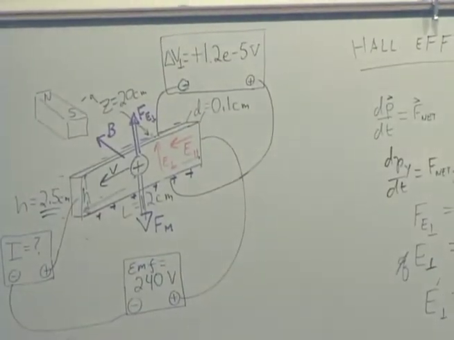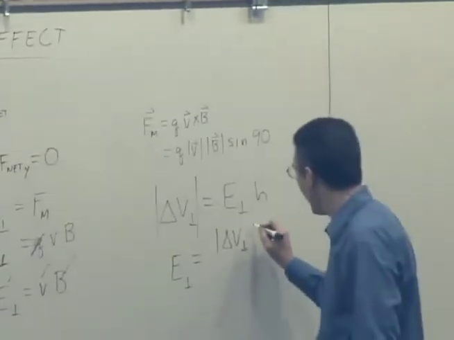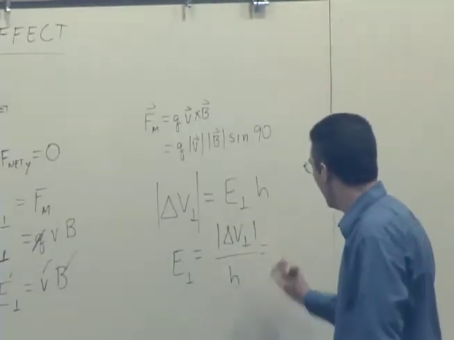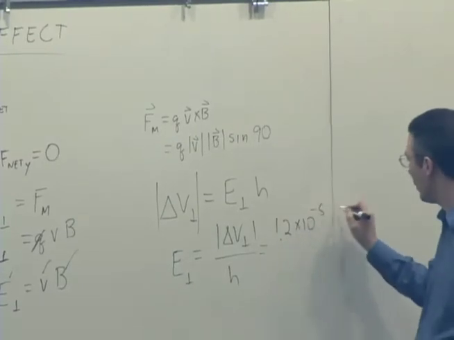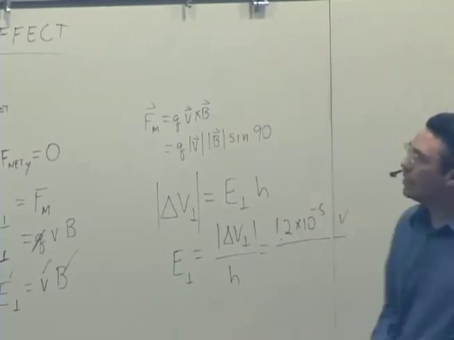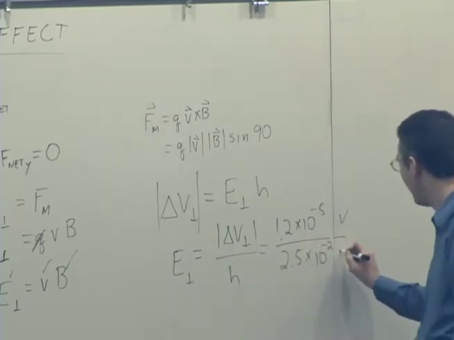So let's calculate the electric field. Let's just get a number. If you have a calculator, break it out. We have 1.2 times 10 to the minus 5 volts divided by a height of 2.5 centimeters, so that's 2.5 times 10 to the minus 2 meters.